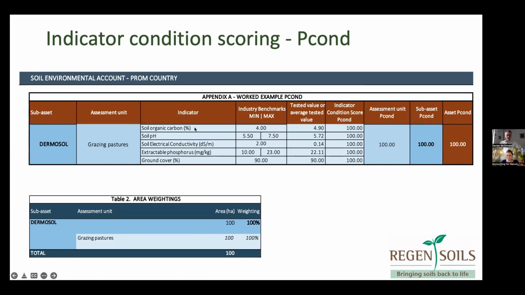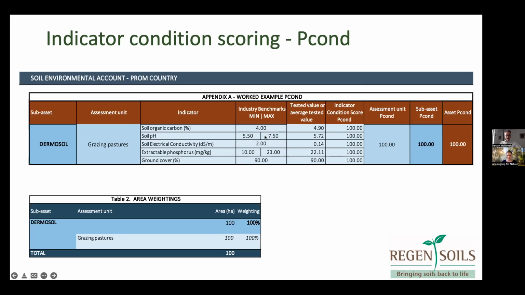And for the second, we have a slightly different set of industry benchmarks, again reflective of the likely impact of agricultural activity over the years, but also changes in soil properties that make the soil more suited for our uses. So we've got a lower expectation on soil organic carbon because of agricultural disturbances and change of vegetation types.